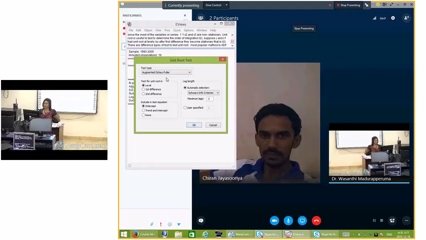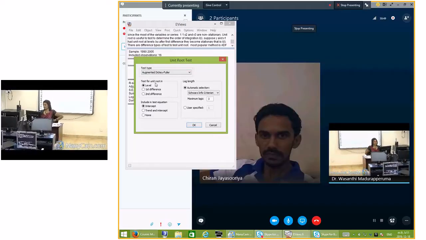First, test for unit root in levels, which means the data as it is. If you only check the graph, you cannot determine accurately whether your data are stationary, so check whether the levels data are stationary or not.